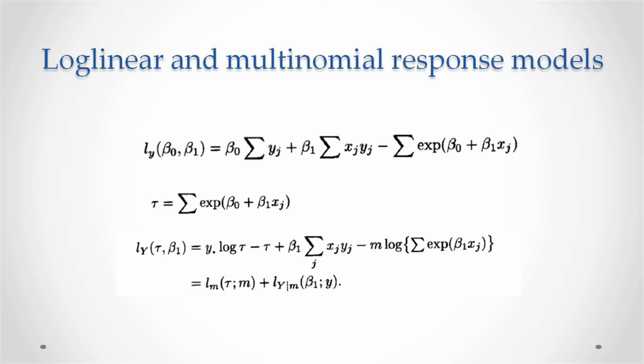The important point here is that the marginal likelihood based on y0 depends only on tau, whereas the conditional likelihood given y0 depends only on beta. Now, if there is no information available concerning the value of beta naught and hence of tau, we must conclude that all of the information about beta 1 is given by the conditional likelihood given y0.